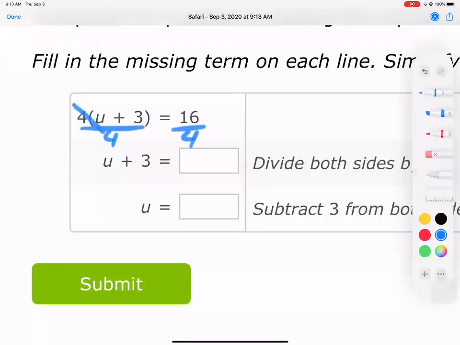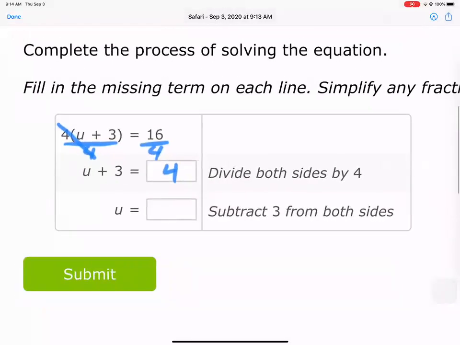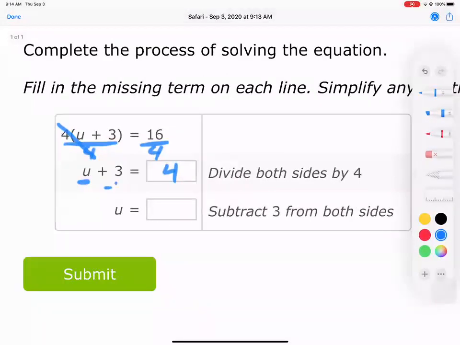And the 4 divides the 4. 16 divided by 4 gives me 4. Next move, they tell me subtract 3 from both sides. And if I'm solving for u, yes, I would subtract 3 from both sides. That gives me a 1.